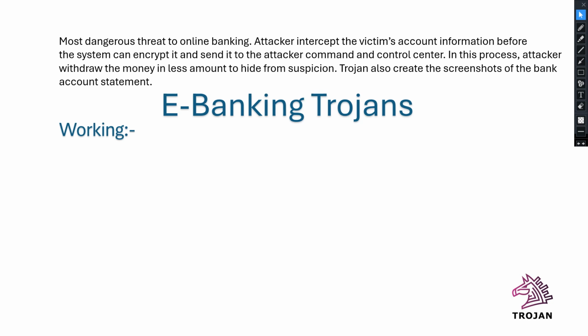Okay, and let's start it further. The e-banking trojans working. Now we'll discuss the e-banking trojan and its workings. In working, I will explain how the attacker initiates the first request and what will happen to that one and how it exactly flows.